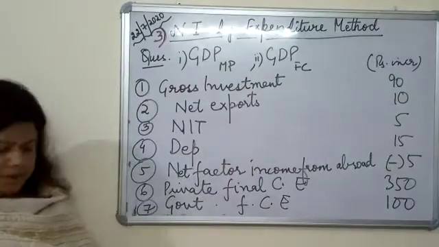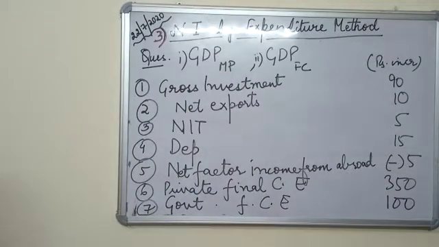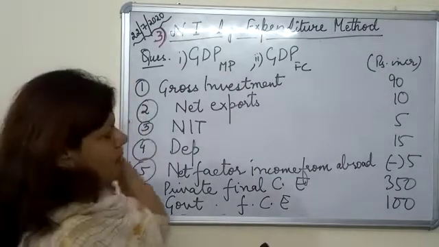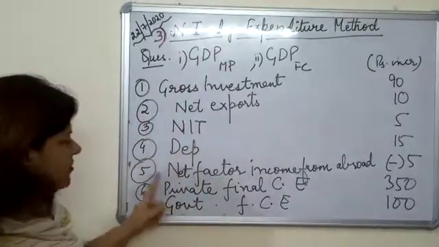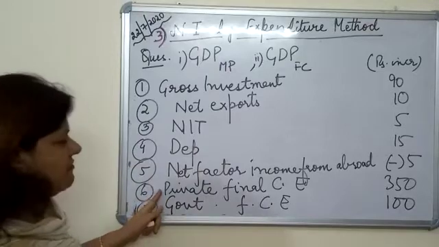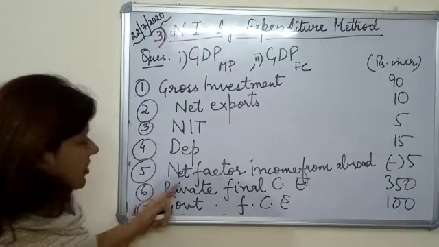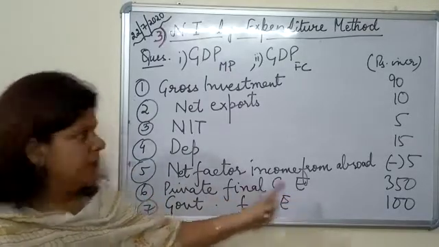Now students, when I have told you the formula for calculating the national income by expenditure method, first thing what we have taken is private final consumption expenditure.